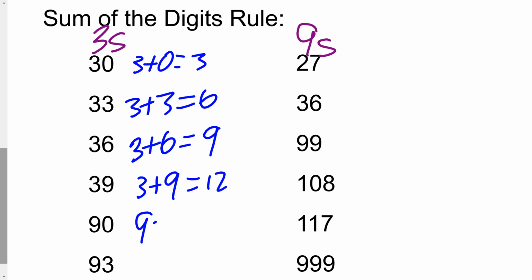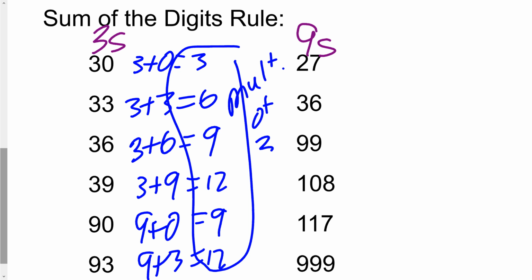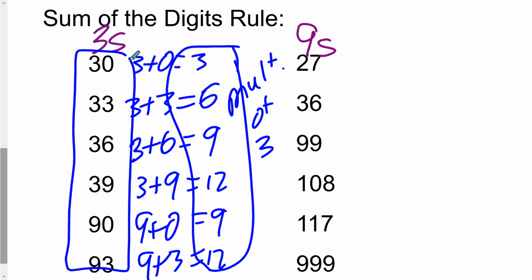Now for 90, 9 plus 0 is 9, and 9 plus 3 is 12. Notice all of these are multiples of 3. So if the sum of the digits is a multiple of 3, then we now know that these are also divisible by 3.